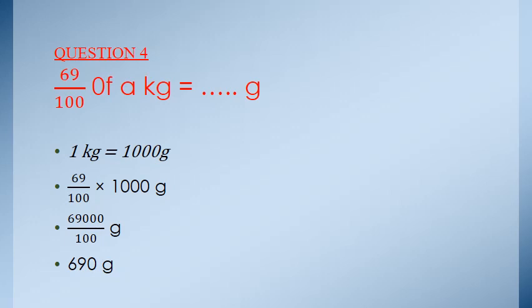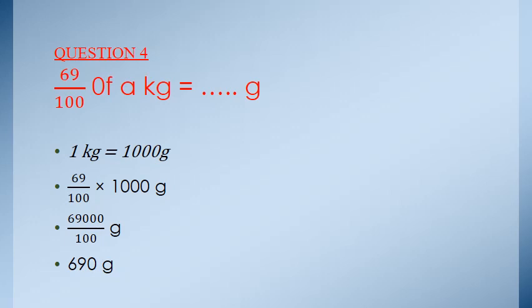Now moving towards the left hand side of the question, that is 69 upon 100, which will be written as it is. Of means multiply, and a kg means 1 kg. So 1 kg is equal to 1000 gram. So our expression came out to be 69 upon 100 multiplied by 1000 gram.